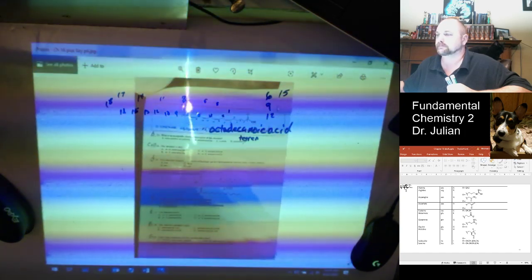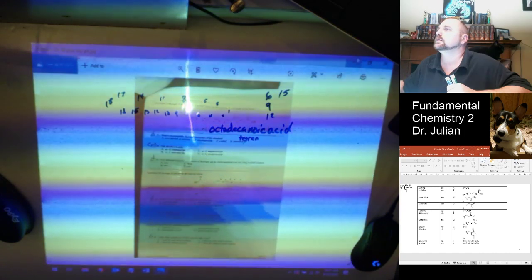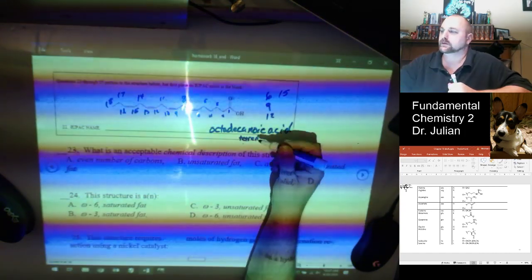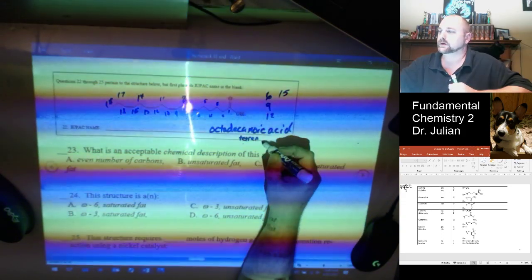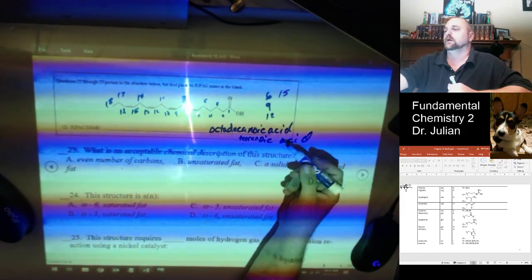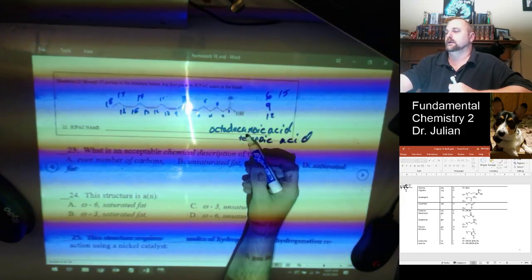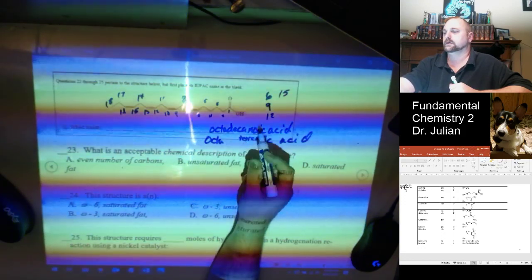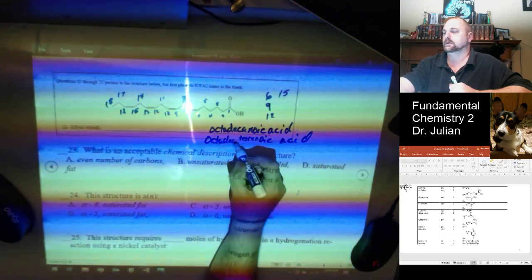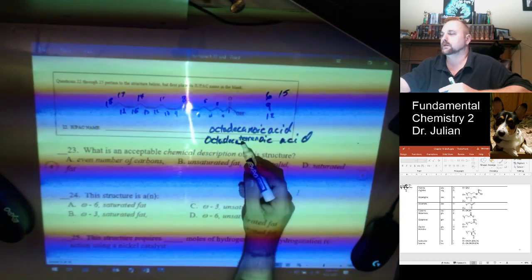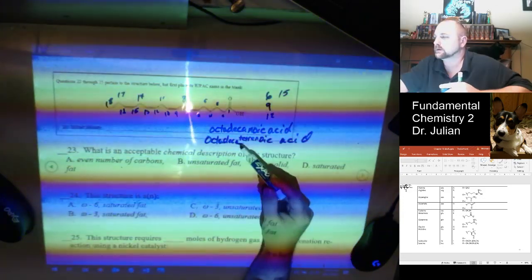Okay. That's that. Back to our tetranoic acid. It's a mouthful. Octadeca, because you're going to want that. Deca. So you don't want that T there.